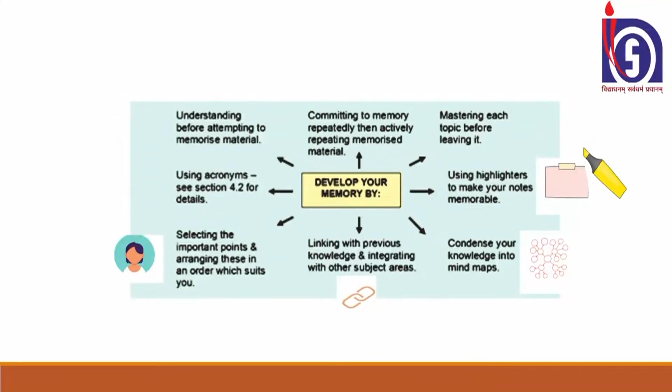This is a diagram which I have taken from your book, and it tries to tell you how you can make learning or memorizing better. Some of the things are taking short notes, making mind maps, highlighting the parts, linking the information with already existing knowledge, and trying to form associations.